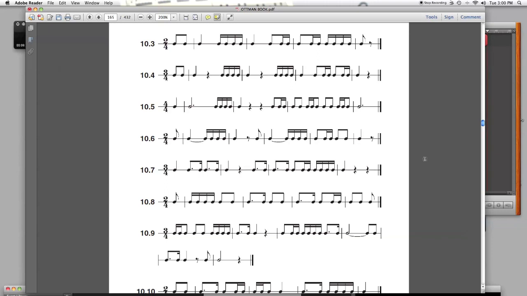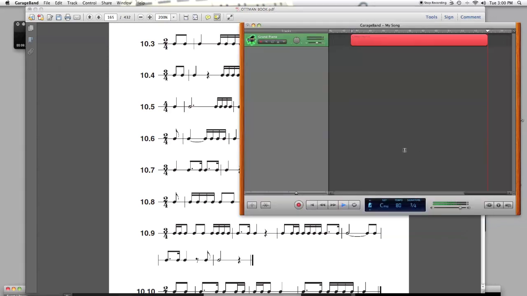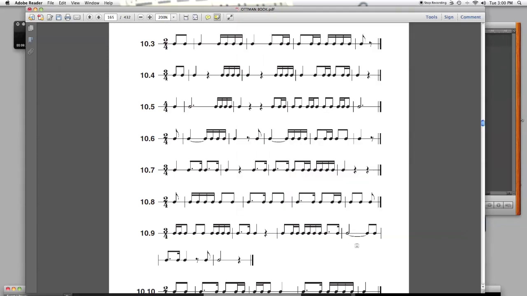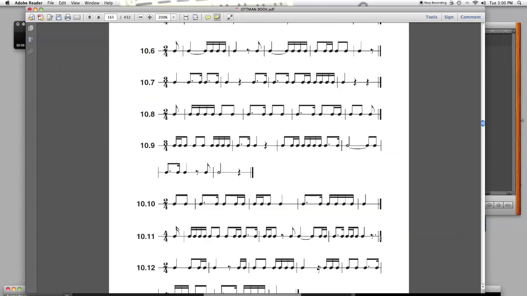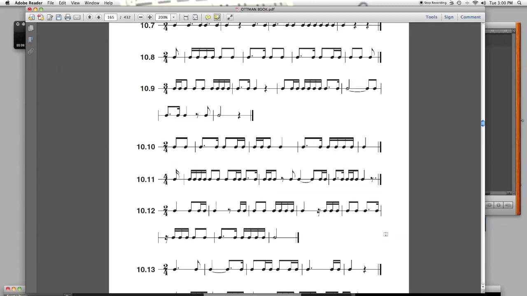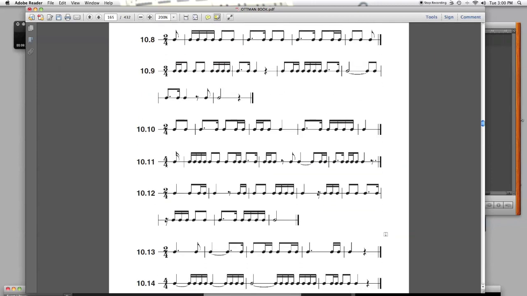Should we just do that one again? 1, 2, 3. Ta ta ta ta ta ta ta ta ta ta ta ta ta ta ta. Okay. Good. Yeah. So definitely read through these and see how many you can do on the first try.